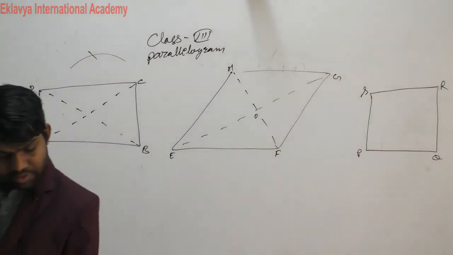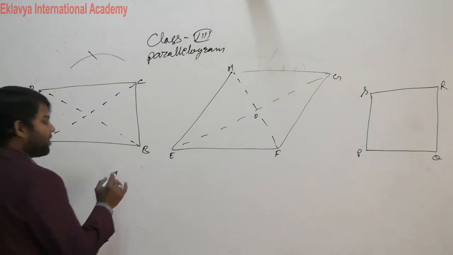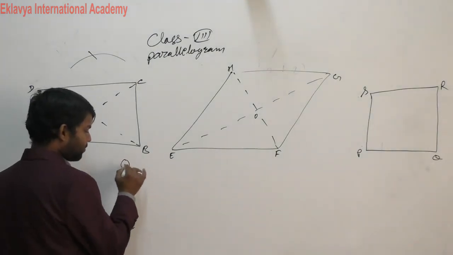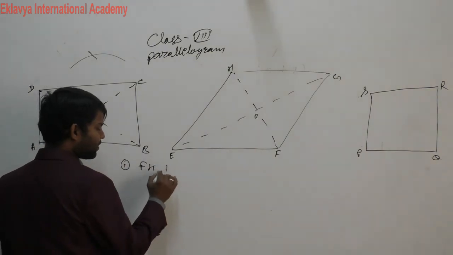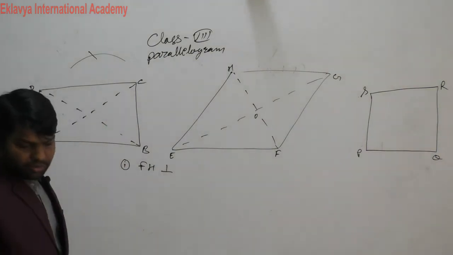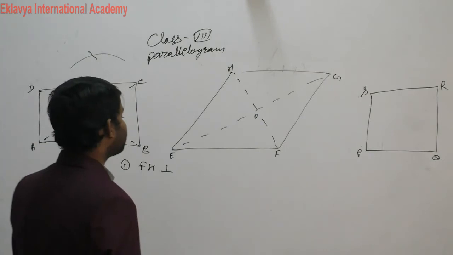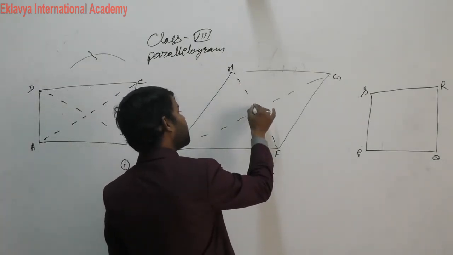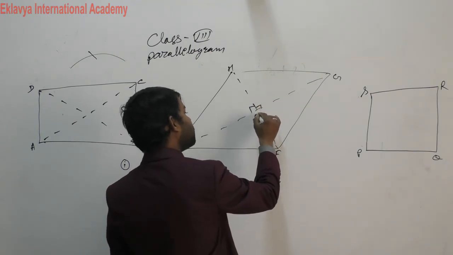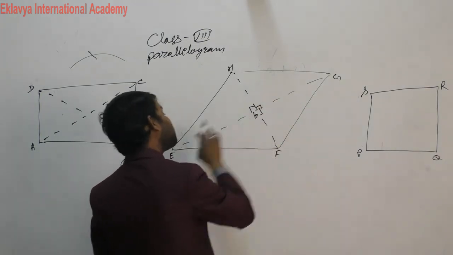Okay, students. Now listen. First question in the third part. In the third question, first part, FH is perpendicular to GE. First find FH. See here, it is FH, then it is perpendicular to which diagonal?